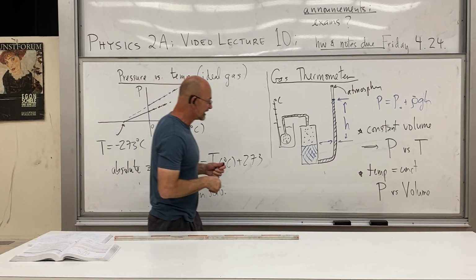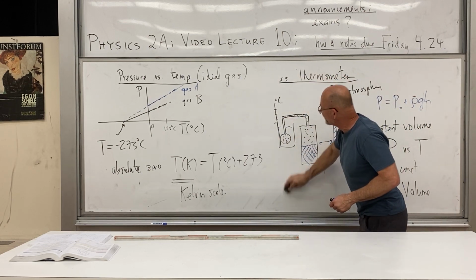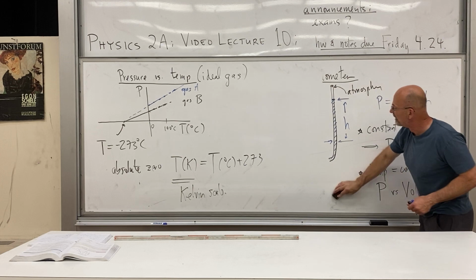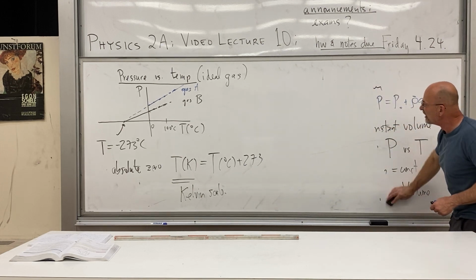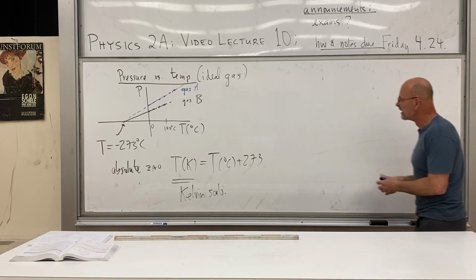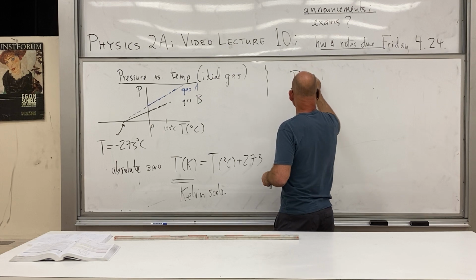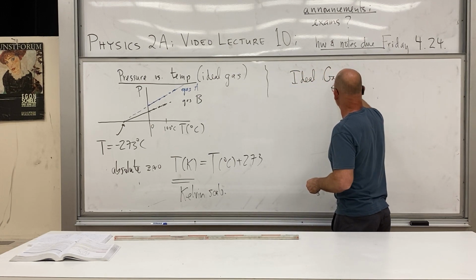So what we get is the ideal gas law. I'll put it in what I call the chemist's form. Ideal gas law. We have a good section on this in our text.